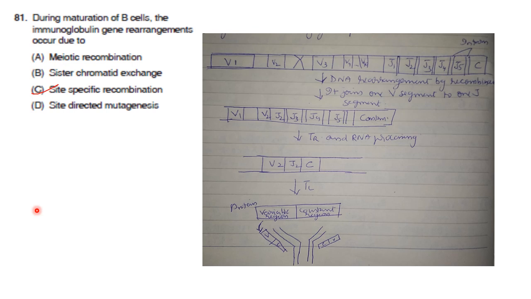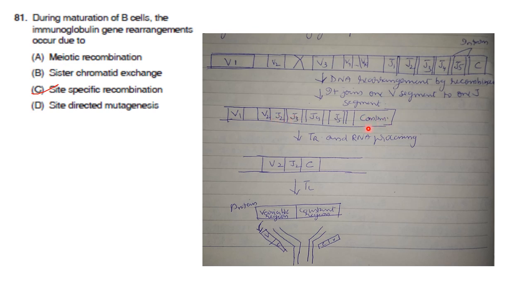So here what is happening is, this is the V, J and C sequence. Then DNA rearrangement by recombinases joins one V segment to one J segment. So one of the V segments is joined to one of the J segments, that is V2 is joined to J2.